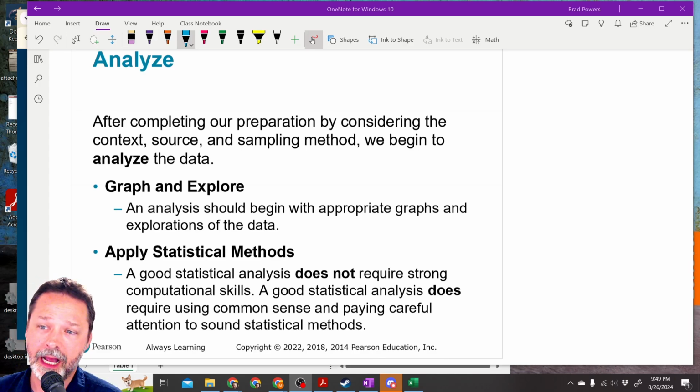After completing our preparation by considering the context, source, and sampling method, we can begin to analyze the data. So we make sure we got our data the right way, an honest way, in a way that's actually useful, not misleading. Now we can analyze it. Graphing is a great way to do it. Graph and explore. An analysis should begin with appropriate graphs and explorations of the data.